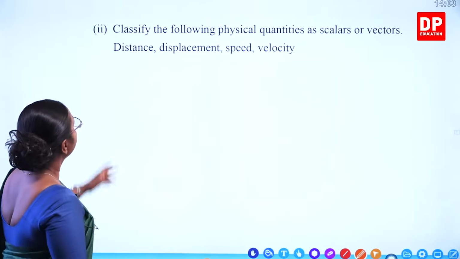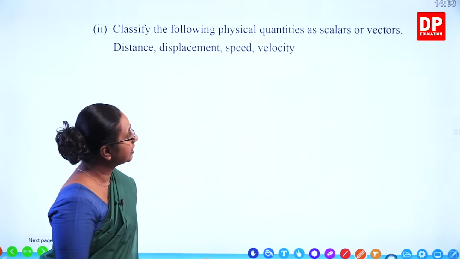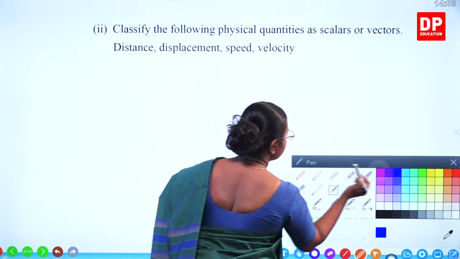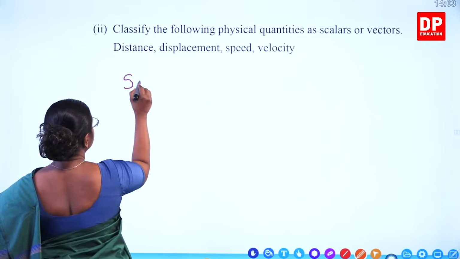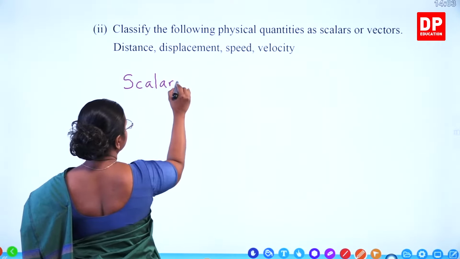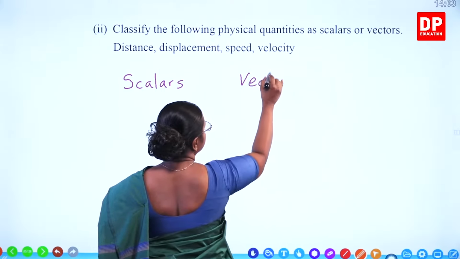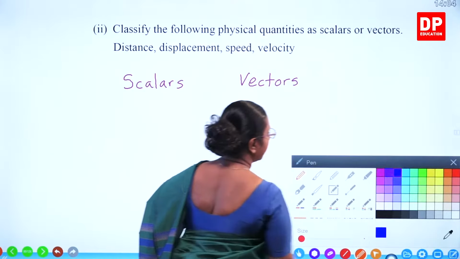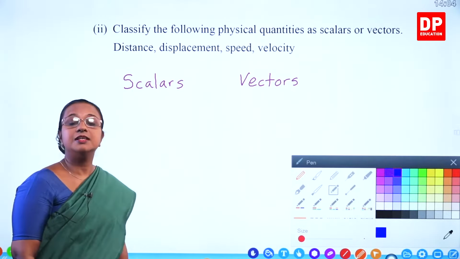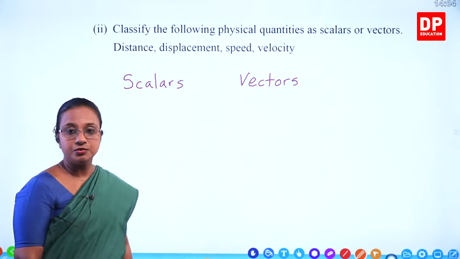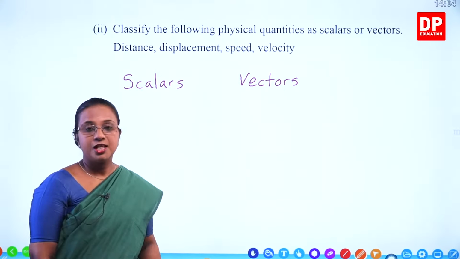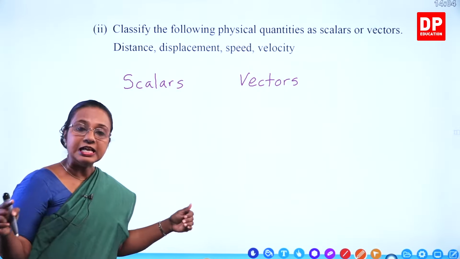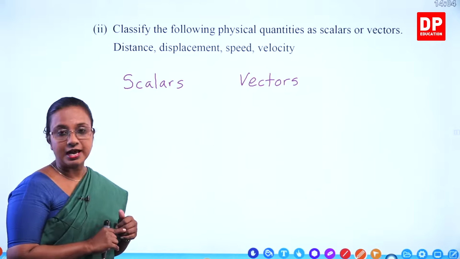The next one, classify the following physical quantities as scalars or vectors. So, if we classify them as scalars and vectors, then we have first the distance. Distance, you know, does not have a direction. Therefore, it comes under scalar quantity. It is only the length of the path travelled by an object.